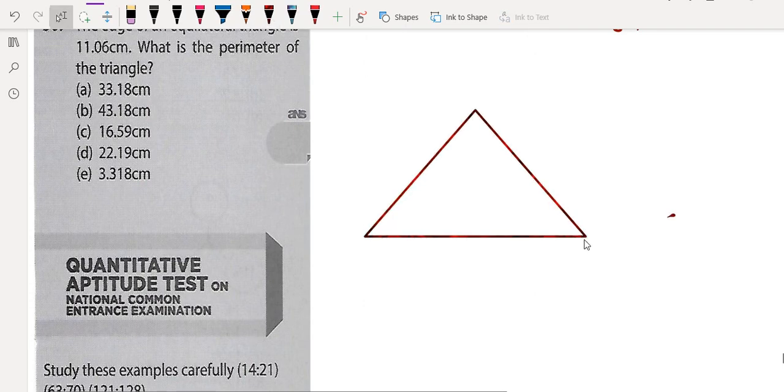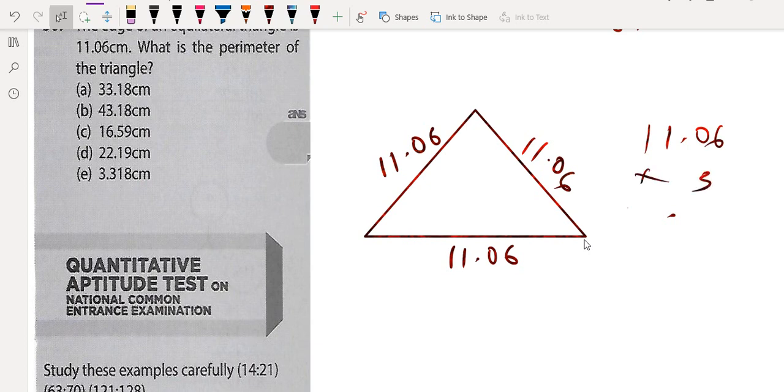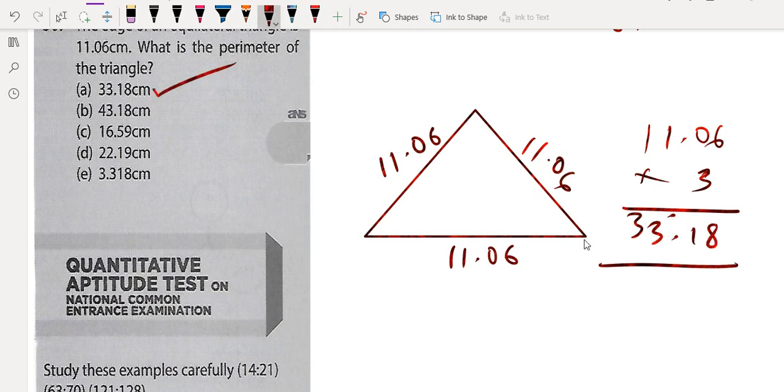Make it big. So one of the sides is what? This side, in centimeters. So the perimeter is distance round. So 11.06 plus 11.06 plus 11.06. That's 11.06 times what? 3. Option 33. 11 plus 11, 22 plus 11, 33.